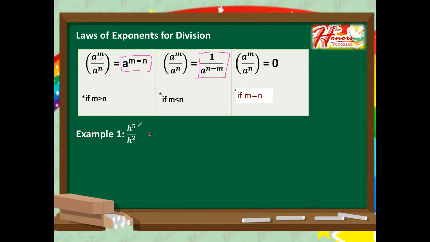Since the exponent of h in the numerator is greater than the exponent of the denominator, we have to subtract. So h raised to 5 minus 2 will become h cubed because 5 minus 2 is 3. So that is the answer for number 1. Simple as that.